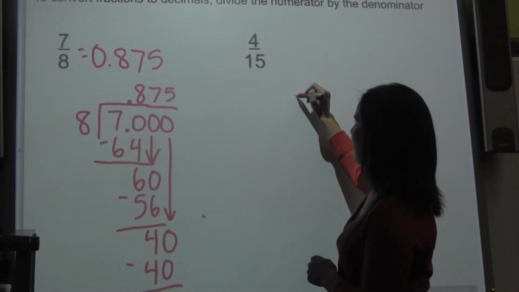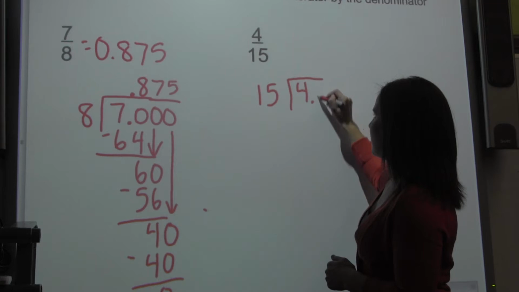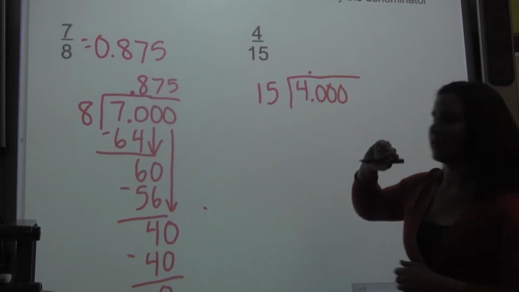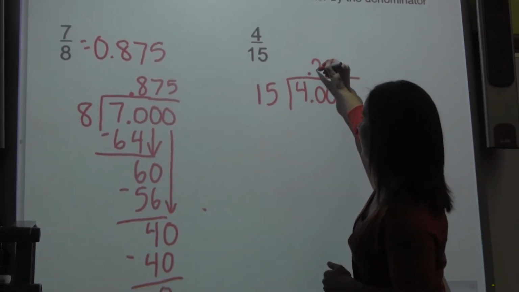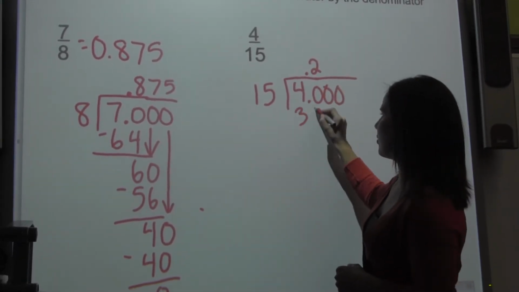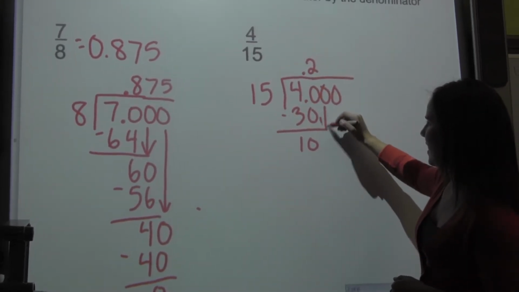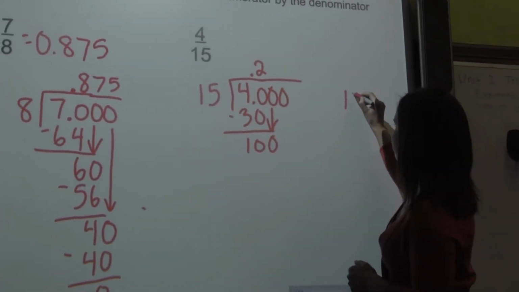We can do the same thing on 4/15. So I'm going to divide 4 by 15. I'm going to add my 0 and go to my thousandths place so that I know how much I'm dividing. 15 does not go into 4, but it goes into 40 twice. 2 times 15 is 30. When I subtract, I get 10 and bring down the 0. 15 goes into 100.